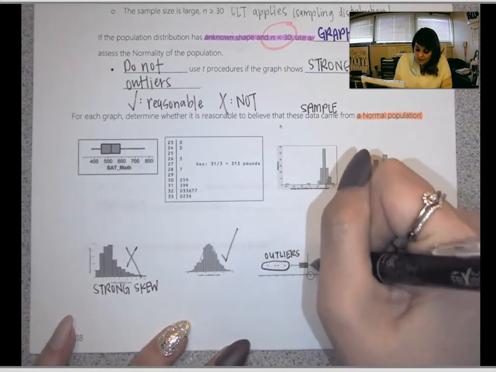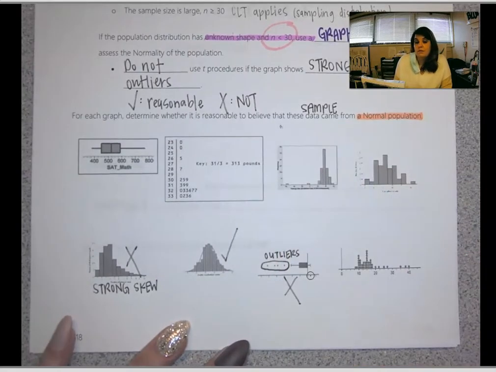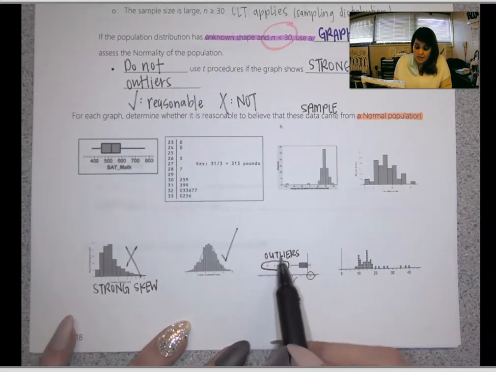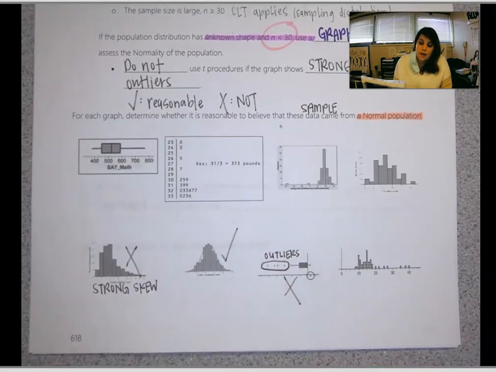So this is a no. We cannot use a normal calculation on this sample data because of these outliers. And when I say they're for sure outliers, I mean they've been calculated to be outliers using the 1.5 times IQR rule. So they're truly outliers.